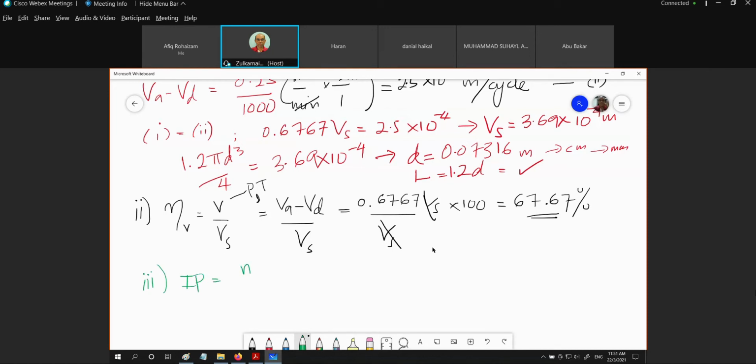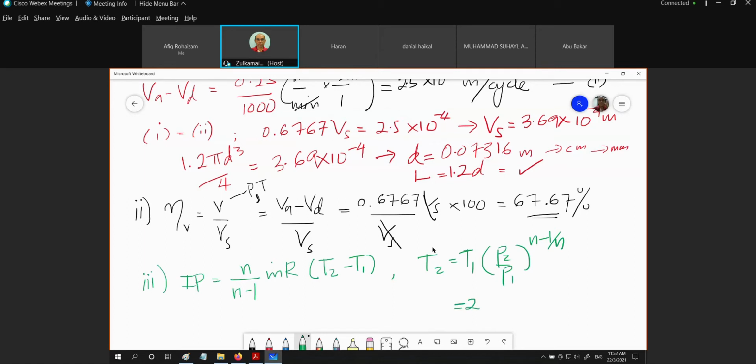Then the equation is N over N minus 1 times m dot R times T2 minus T1. The T2 is equal to T1 times P2 over P1 to the power of N minus 1 over N.